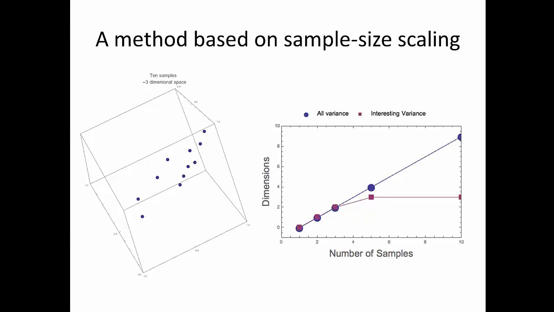So the idea is that if the data is actually falling on a lower dimensional manifold, the curve of the number of dimensions required to capture the variation of the data will level off, or scale with a slope of less than 1.